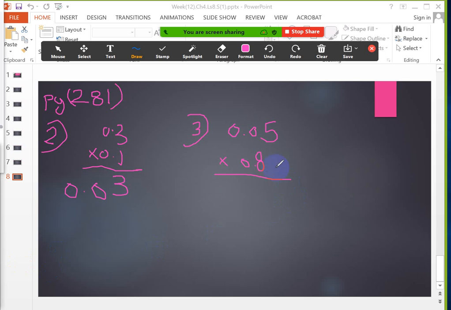Yes, Shahid. 8 multiply 5 equals. 8 multiply 5 equals 40. 40, very good. What about the decimal point?